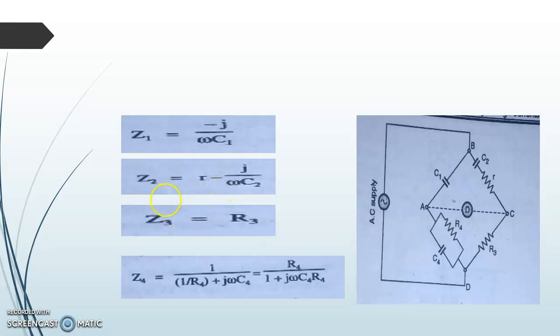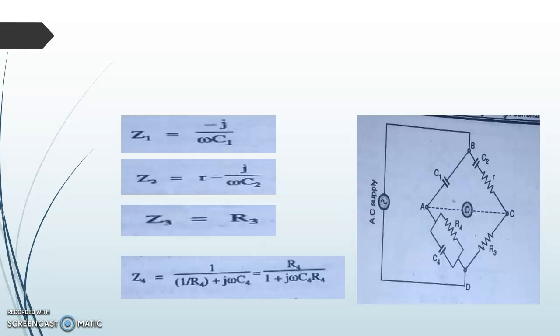Similarly, Z3 is equal to R3 and Z4 is equal to 1 upon (1 upon R4 plus J omega C4). On rearranging, we find R4 upon 1 plus J omega C4 into R4.